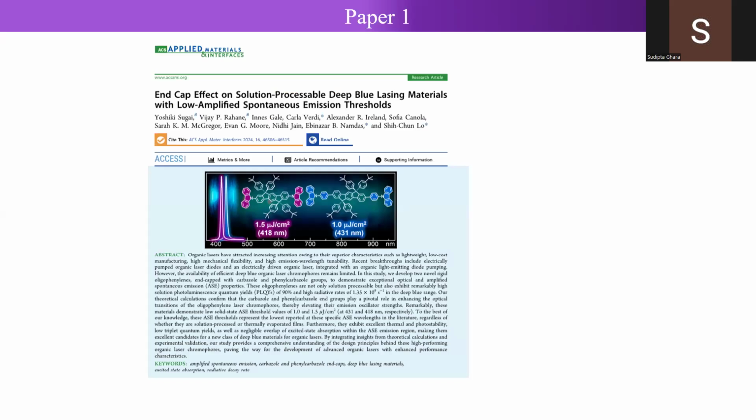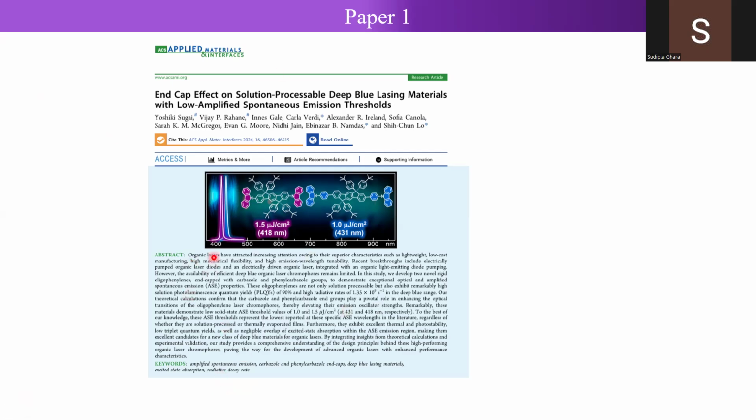So, my first paper is an overview of the influence of end groups on solution-processable deep blue lasing material with low amplified spontaneous emission threshold. So basically, in this paper, they try to demonstrate that laser technology is important for many application fields such as telecommunication, sensing, medication, and diagnostics.